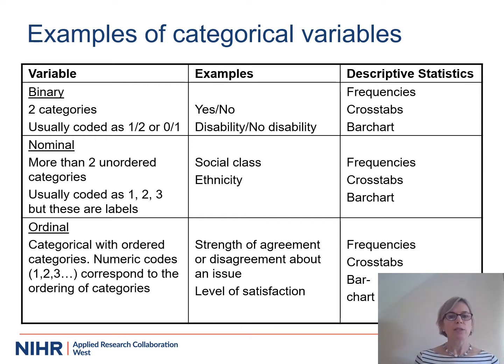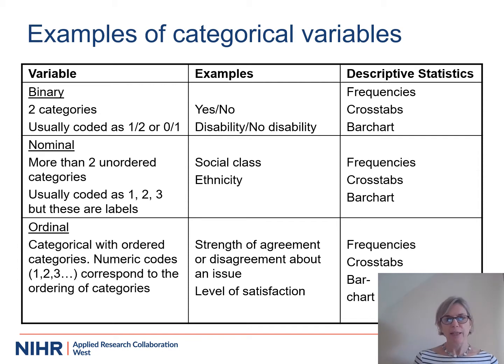And then thirdly, there's ordinal data, and these are similarly descriptive categories, but that fall into some kind of order, a scale, perhaps an increasing scale or whatever. And again, we put a numeric code to correspond to the ordering of the categories.